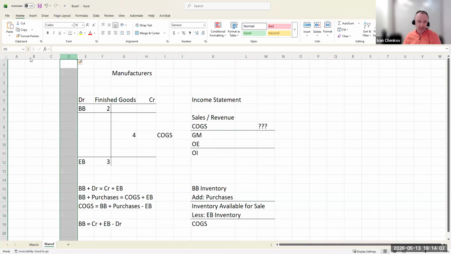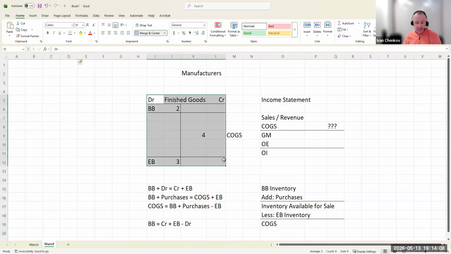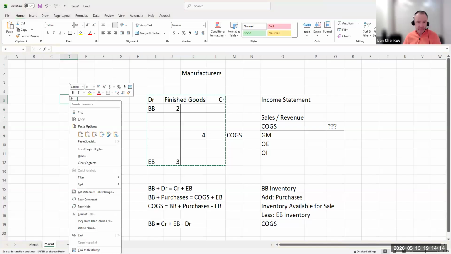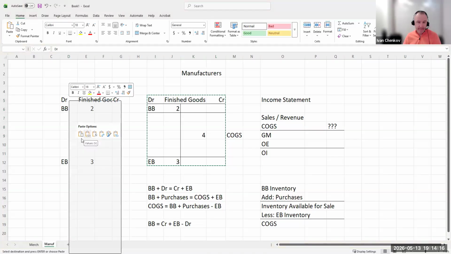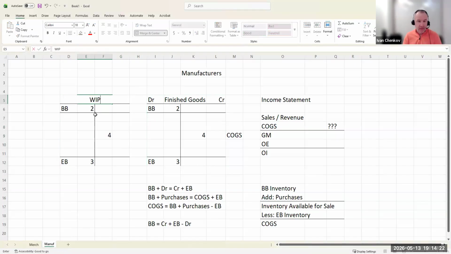Now I'm gonna start inserting columns because I need columns here. In order to get the finished goods, I have to have work in process. And the finished goods gonna come from work in process.